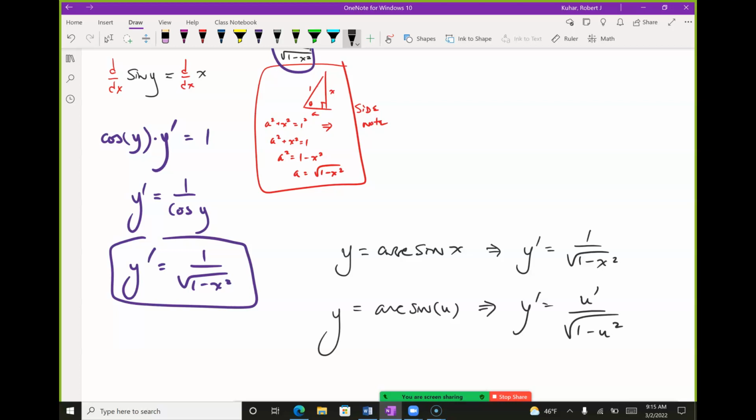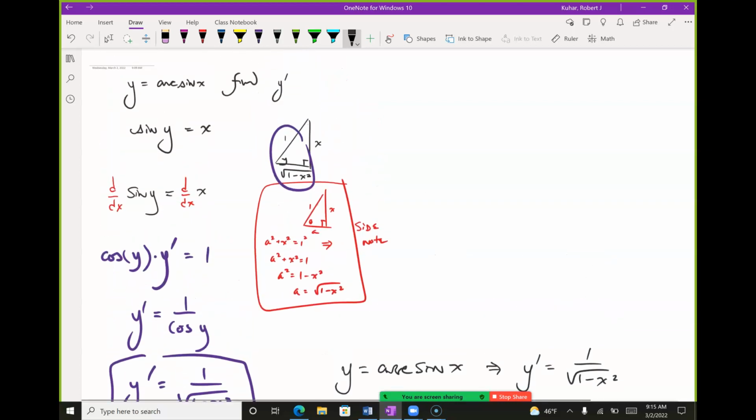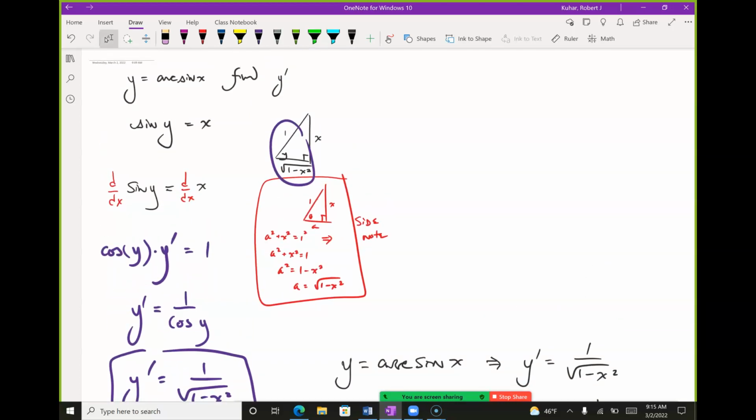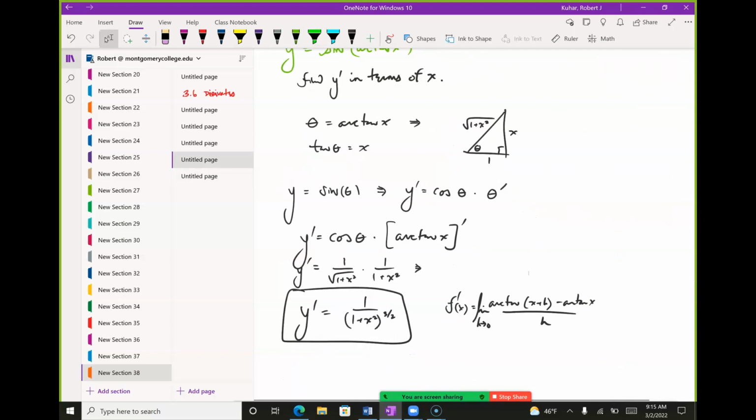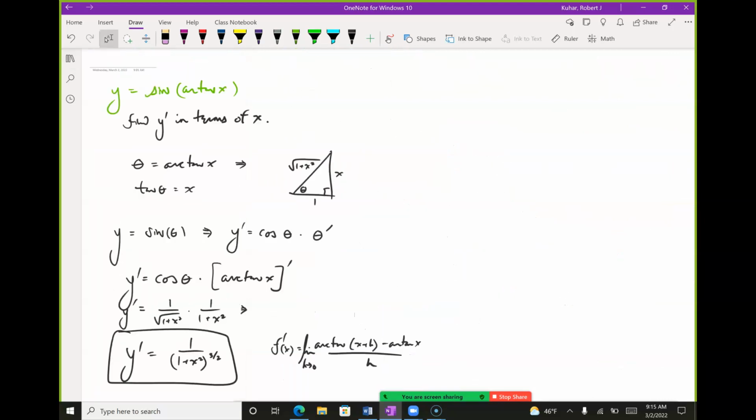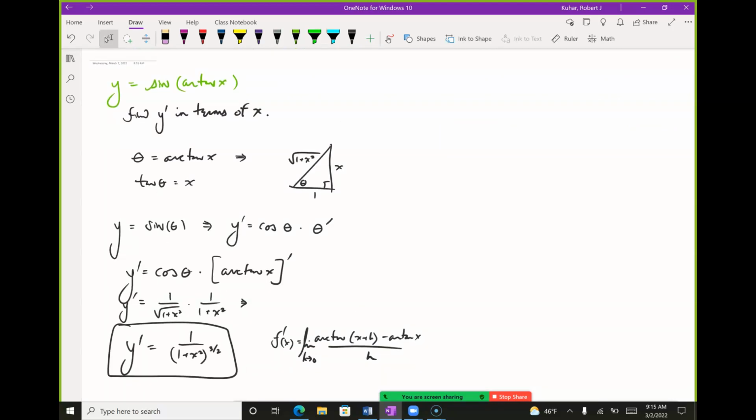Before we move on, Professor, can you go back to the previous page, please? I want to ask you a question. Oh, sure. For the answer, how did you get 3 over 2? Yeah, so I've got the square root of 1 plus x squared times 1 plus x squared.